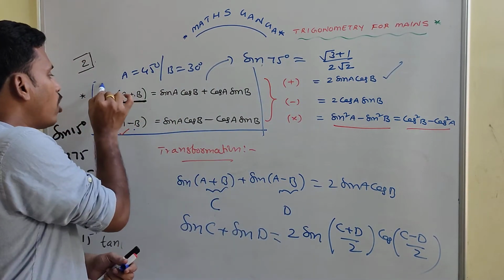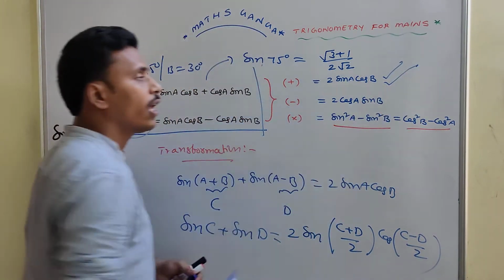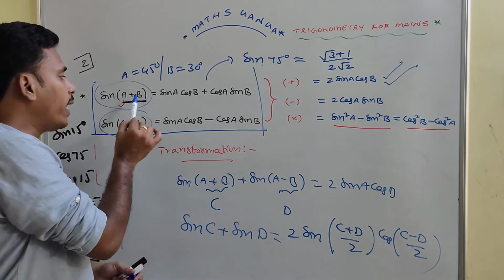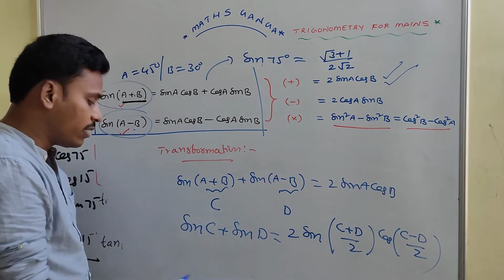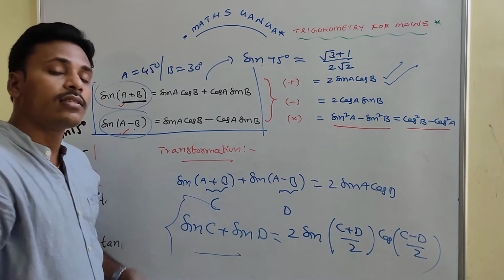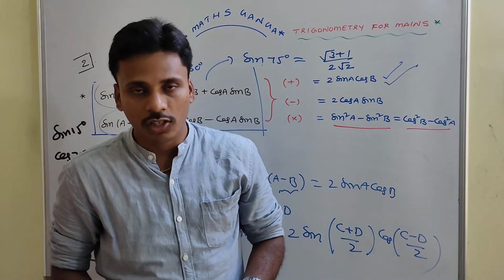Right? The first thing, sin of a plus b plus sin of a minus b equals 2 sin a cos b. If you rewrite it in terms of c and d, by taking a plus b as c and a minus b as d, you will get these transformation results: sin c plus sin d like this. Similarly, sin c minus sin d, cos c plus cos d, and cos c minus cos d also.